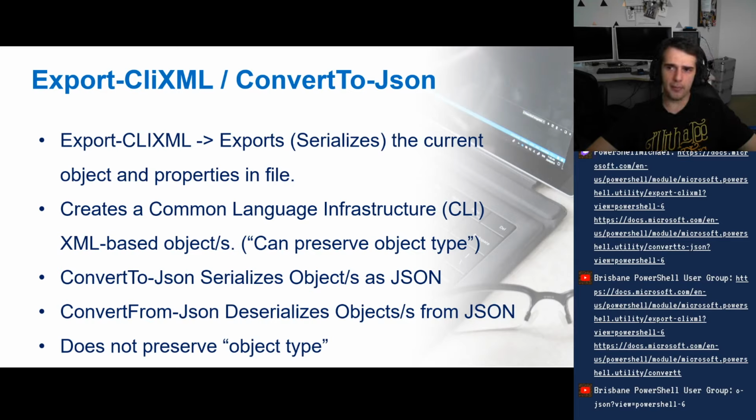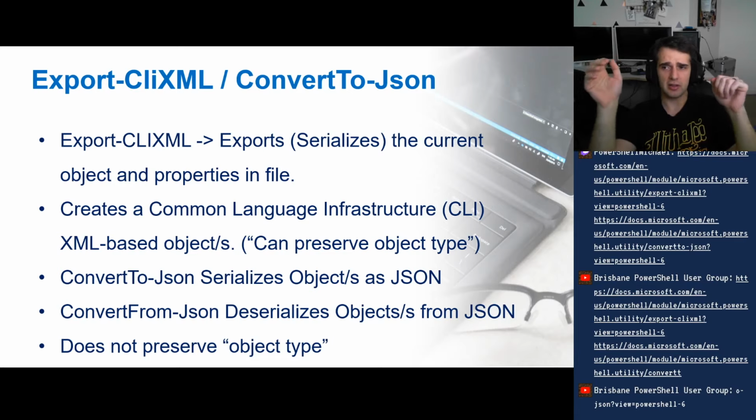So the type format is XML, but it's not just normal XML; it's CLIXML. It creates a Common Language Infrastructure XML-based representation of an object or objects. What it can do is preserve type, which is really quite handy when you're quickly exporting to CLIXML, like System.Process.